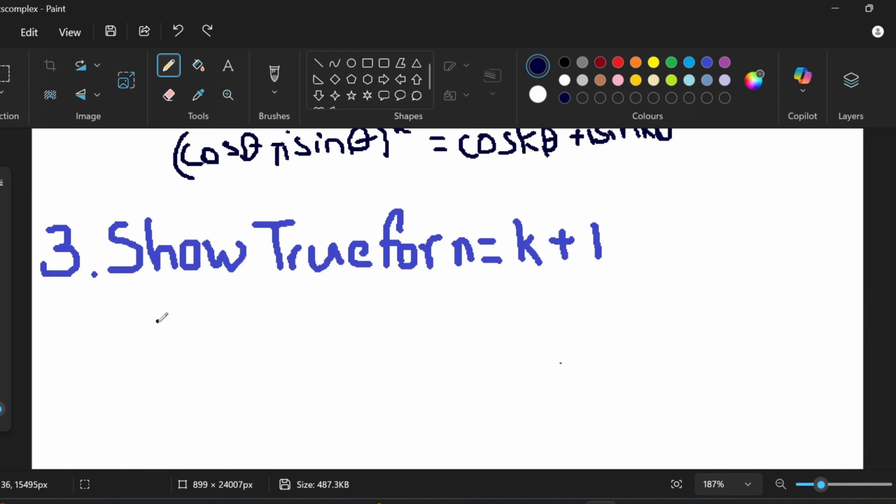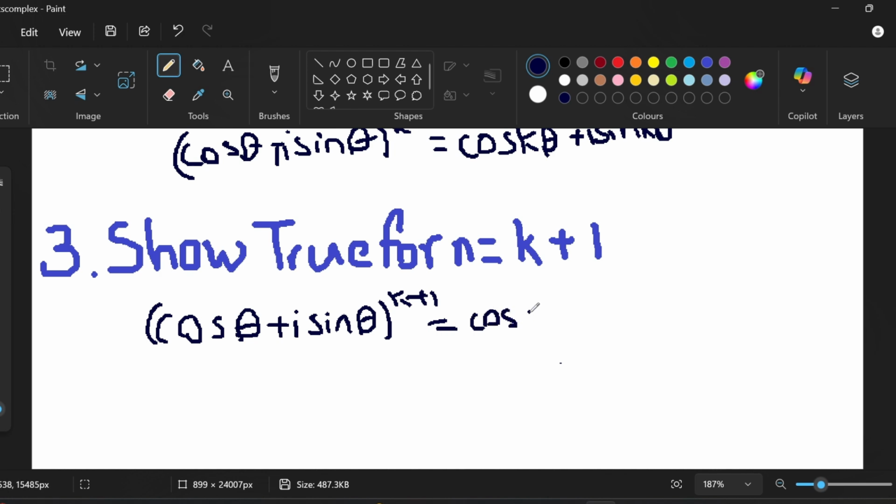So we start by writing out cos theta plus I sine theta all to the power of k plus 1 is equal to cos theta plus I sine theta to the power of k times cos theta plus I sine theta.